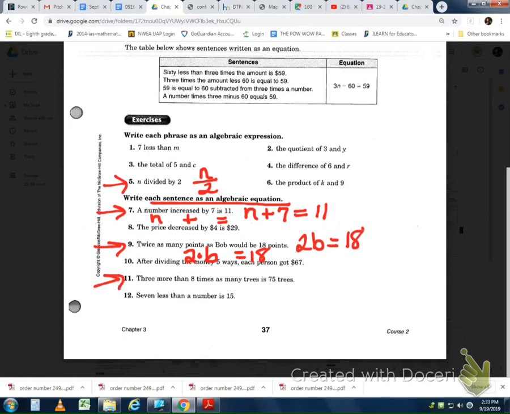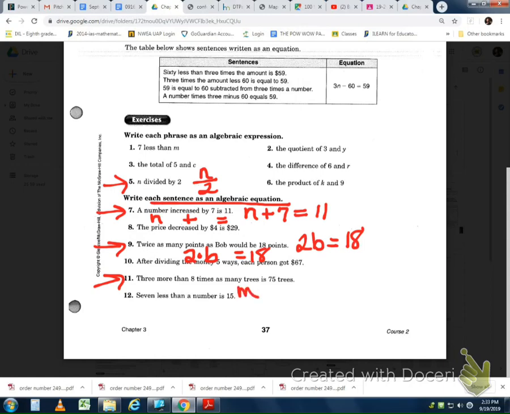Last but not least, number 11. 3 more than 8 times as many trees is 75 trees. The part that we don't know is right here, how many trees. I'm going to say M. I don't usually like to say T because sometimes it looks like a plus sign. So I'm going to say M. So 3 more than.